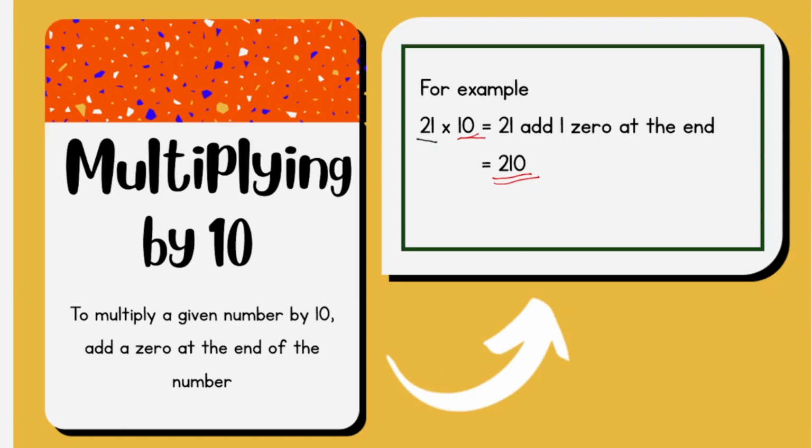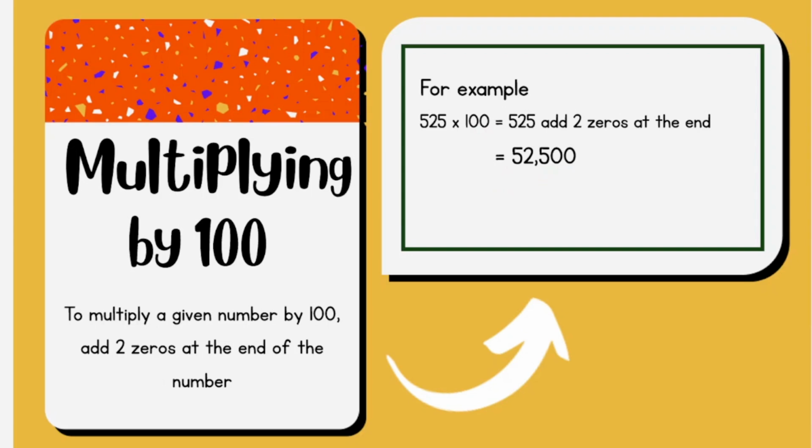All right, so we'll move to multiplying by 100. If you are multiplying by 100, you just add two zeros, because in 100 we have two zeros at the end. That's why I said here that to multiply a given number by 100, you simply add two zeros at the end of the number.